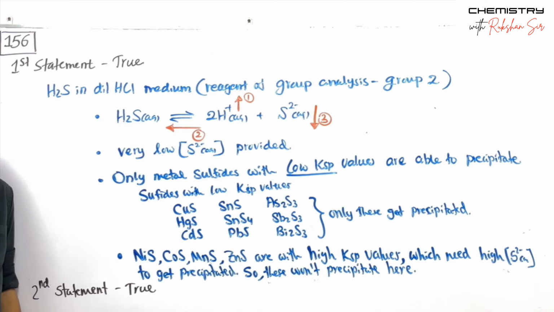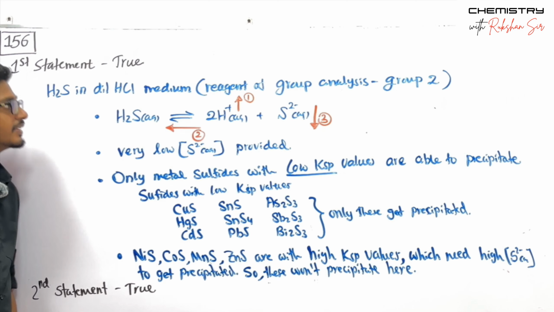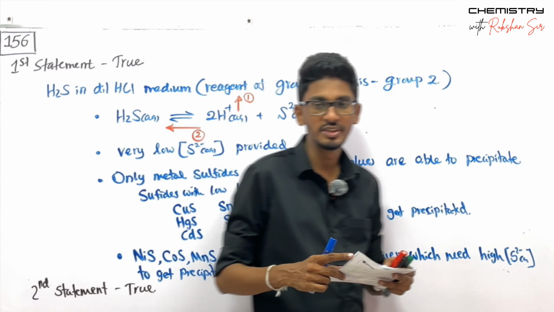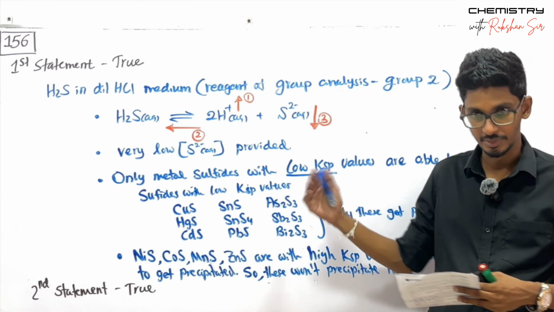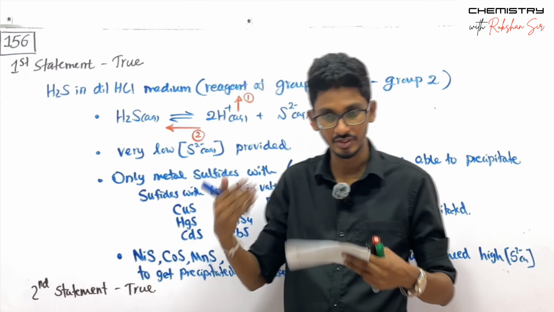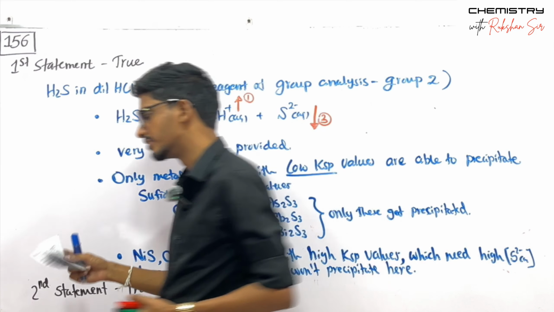All the sulfides can be dissolved, even the group 2 sulfides. In dilute acidic medium, group 2 sulfides do not dissolve, which is why they get precipitated. But if you supply a sufficient amount of H plus, they definitely get dissolved.